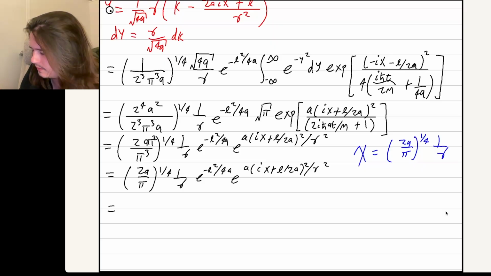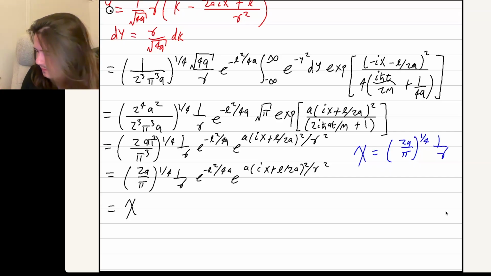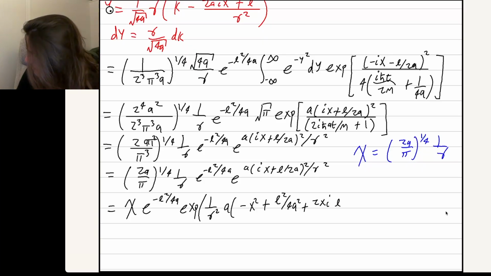So we've got chi, and what we're going to do here is, first of all, we're going to expand the square term. I think that's our best course of action right now. So we'll have e to the, let's just write exponent, 1 over gamma squared a times minus x squared plus l squared over 4a squared plus 2x il.